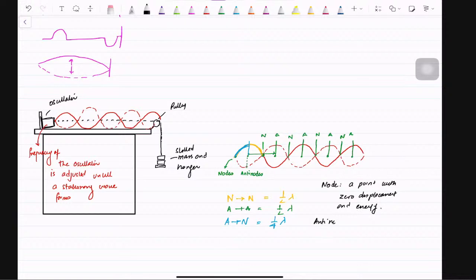An antinode is a point with maximum displacement and energy. Do you understand? Yes. Okay, very nice.